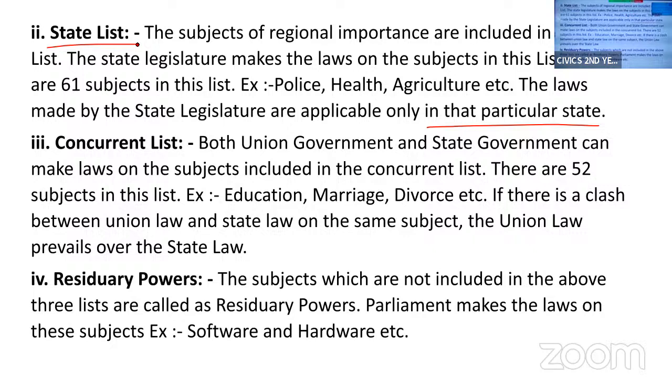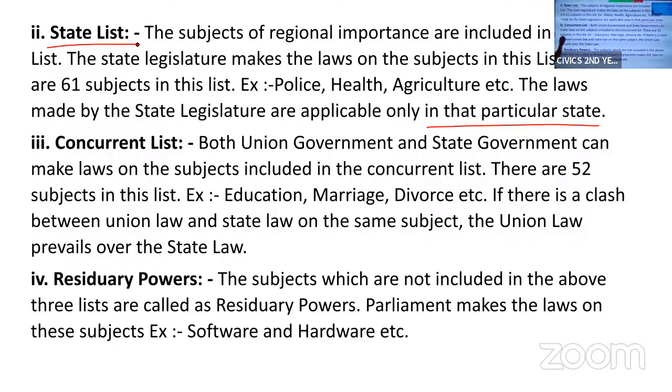When the state government is not functioning and there is president's rule in the state, the powers of the state legislature are transferred to the parliament, and parliament will make the laws for the items in state list for that particular state. I hope I am clear with this.